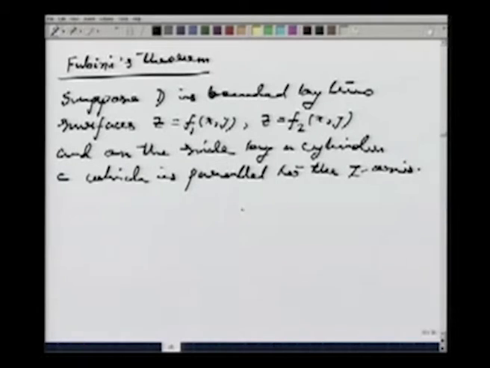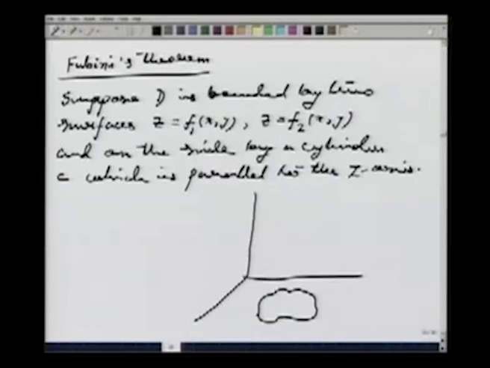So in picture what I mean is something like this. So this is the cylinder, this is x axis, this is y axis, this is z axis, and there are some surfaces.